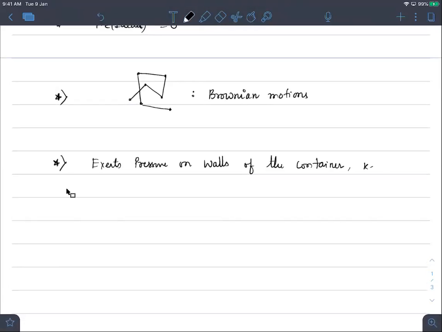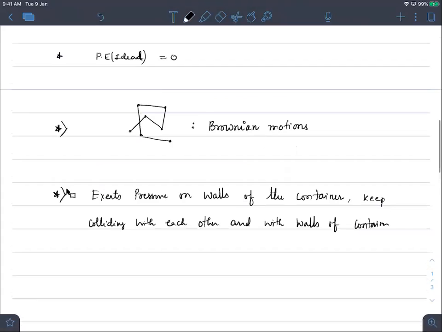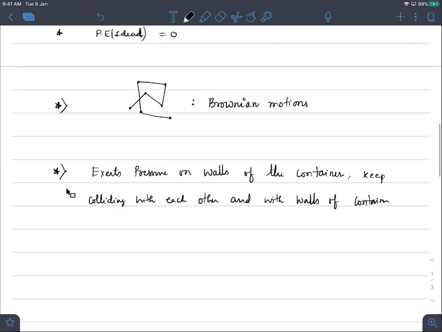First, they will keep colliding with each other and with walls of the container. So these are few simple things you must learn from ideal gases.